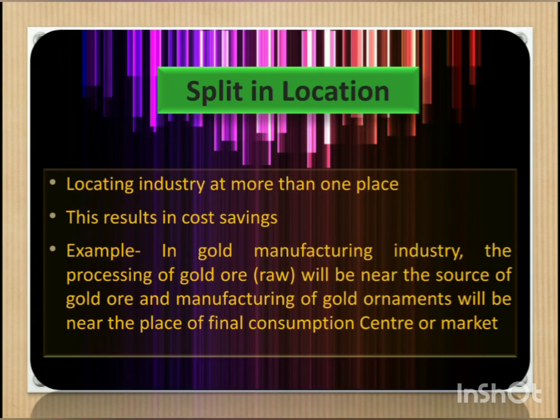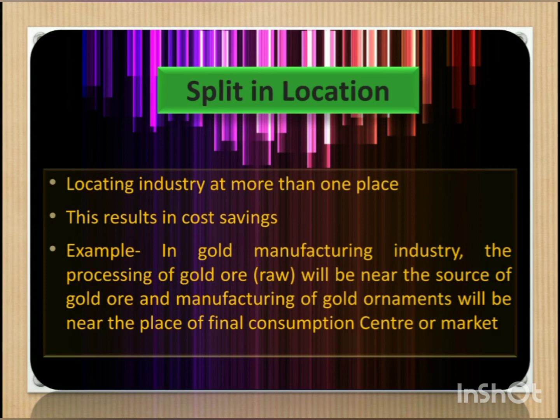And Weber has considered the possibility of split in location and locational coupling. First, split in location. Split in location means locating industry at more than one place. In other words, first stage of production may be near the source of raw materials and later stage may be near the place of final consumption center or market.